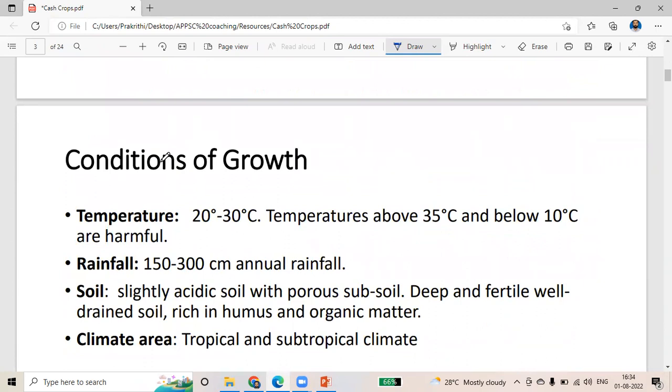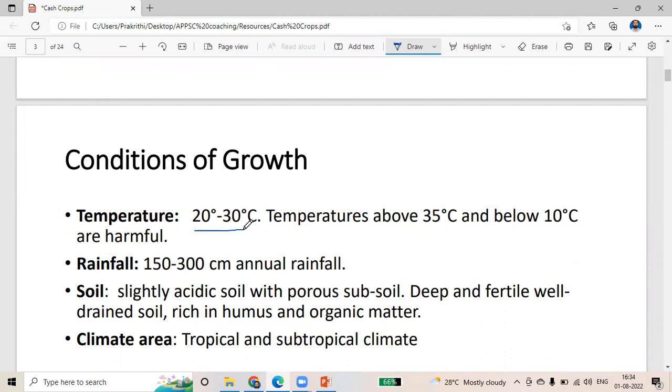Actually, tea, whether in India, China or Myanmar, comes under tropical or subtropical regions. It is also seen in temperate regions, but mostly the climate required is tropical and subtropical, with temperature between 20 and 30 degrees.